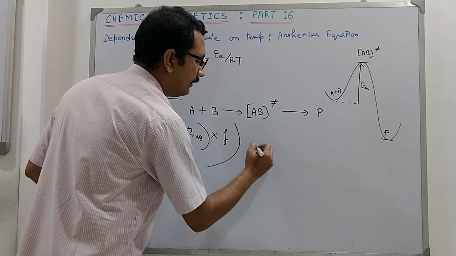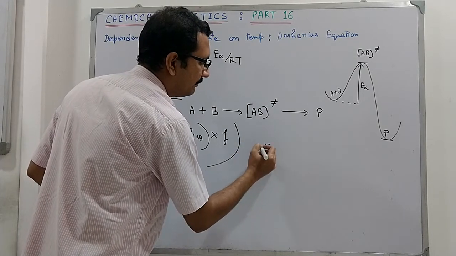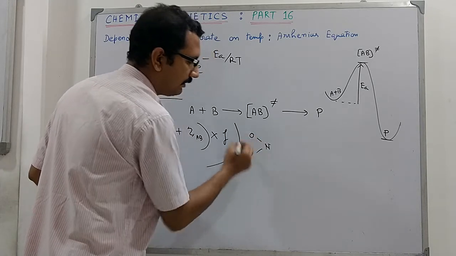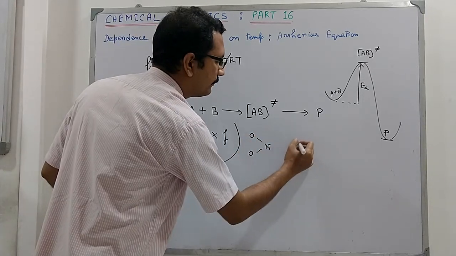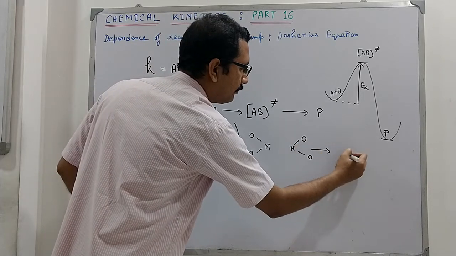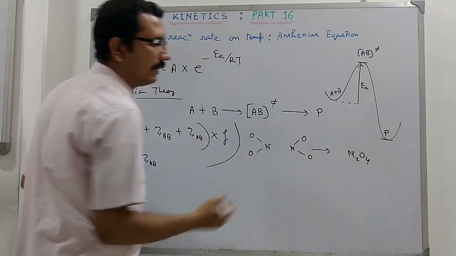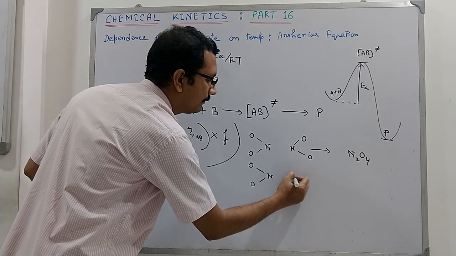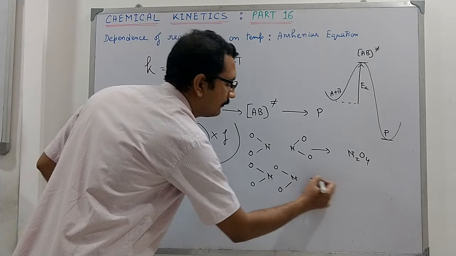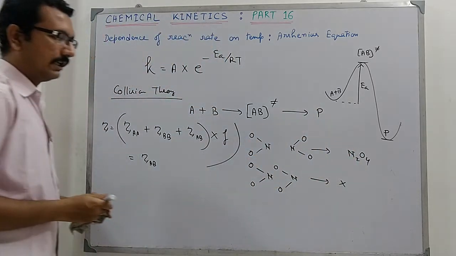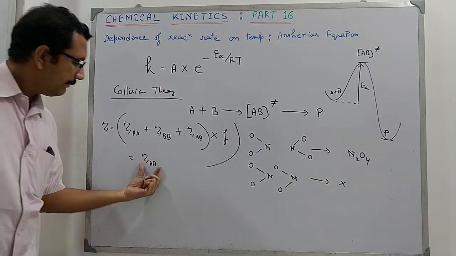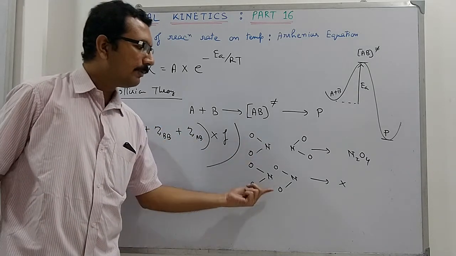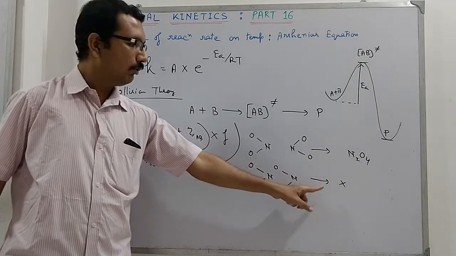Now, if you have the dimerization of NO2, say, then I am not getting into the details of the bond. Only this collision can generate the dimer. But if it collides in this orientation, then the dimerization will not occur. So see, even if the collision satisfies the stoichiometry, if it is devoid of proper orientation, then there will be no product.